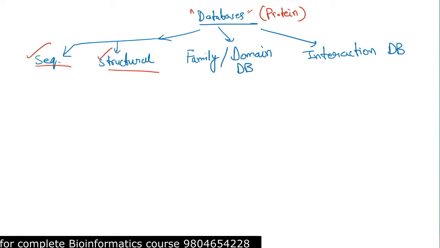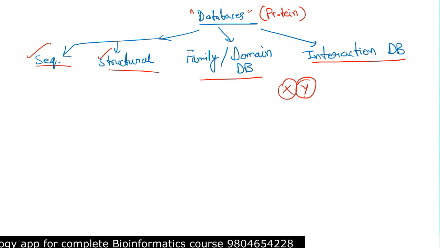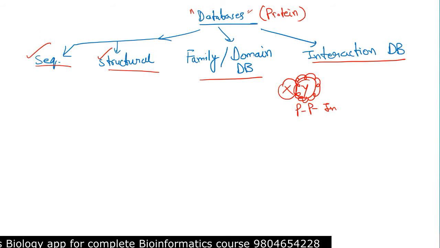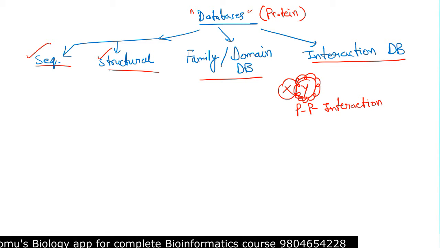We have talked about it a little bit earlier, and now I'm also going to talk about the family and domain database and interaction database. Because if there is a protein X and there is a protein Y, then protein X will interact with protein Y. This protein interaction is very important, and it needs to be analyzed with the interaction databases.